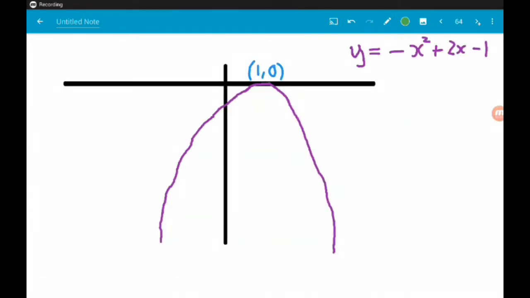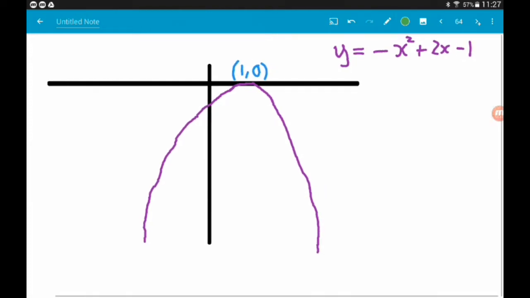Okay, we're going to use a slightly more exciting example here to show what happens at a maximum. So here we have the graph of y equals minus x squared plus 2x minus 1. Now this chap has a stationary point at 1, 0. Hopefully again we can all see it's a maximum.